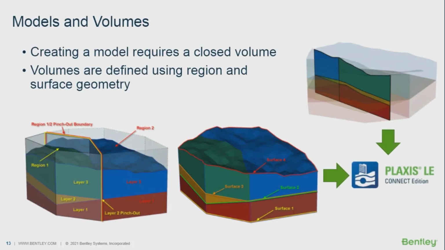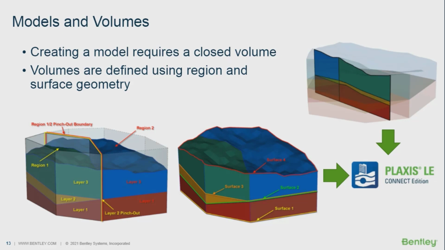One important aspect of PLAXIS Designer when we are handling the modeling of surfaces is that at the end of our modeling, what we can obtain from PLAXIS Designer is this simulation of a closed volume.